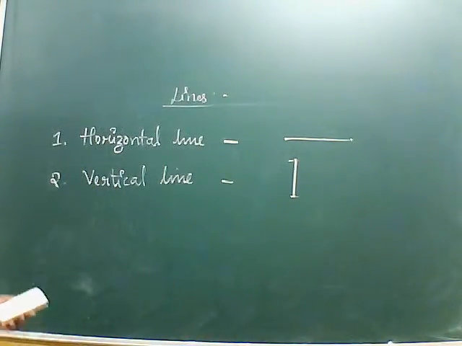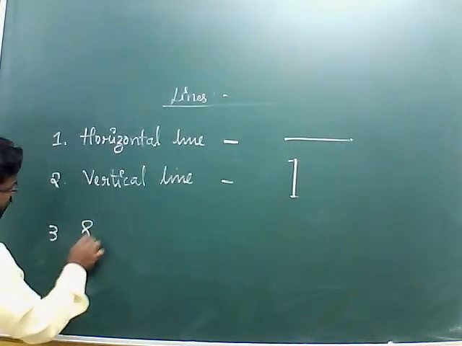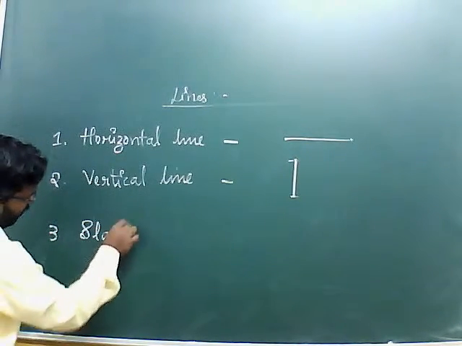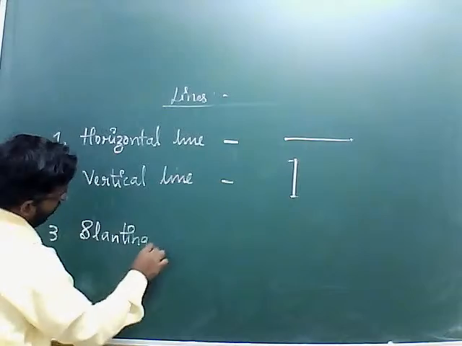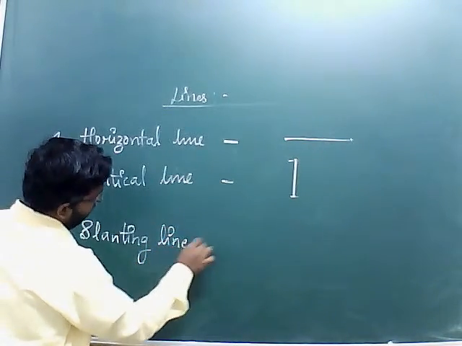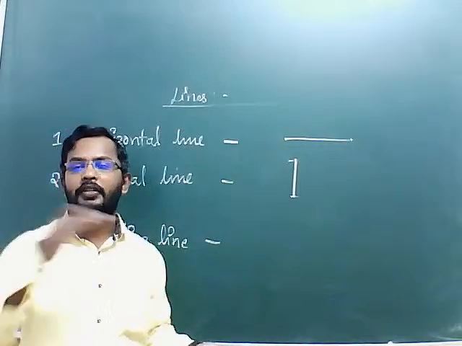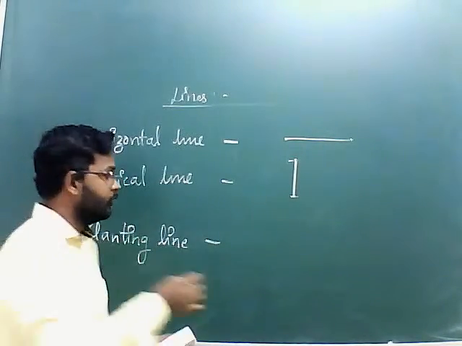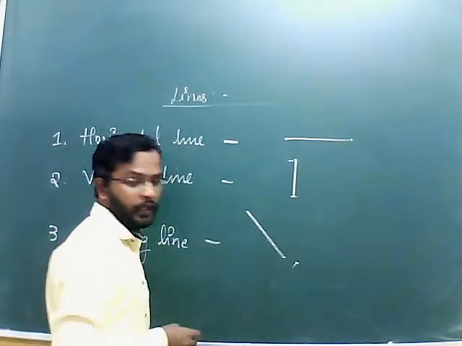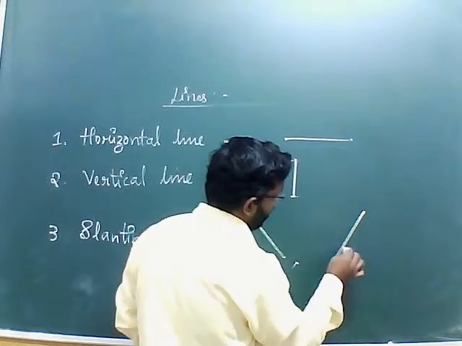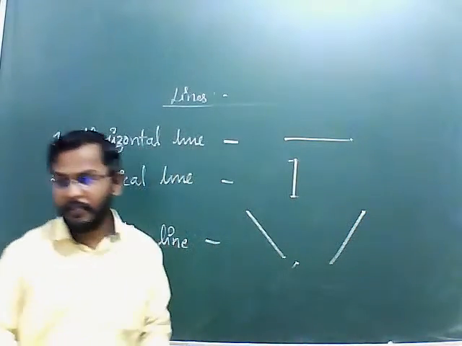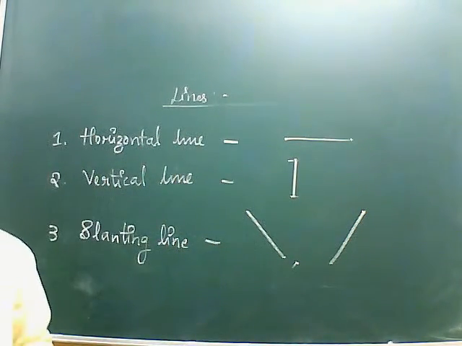Next, we learned about the slanting line. A slanting line is neither sleeping nor standing properly. Such lines like this one, or you can take this line, we call slanting lines.